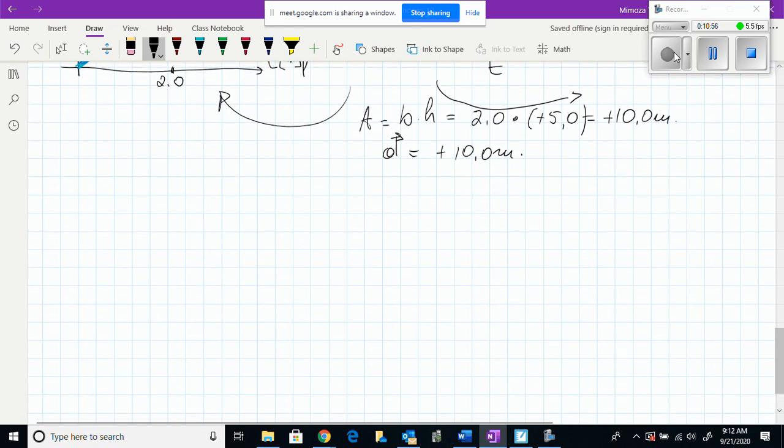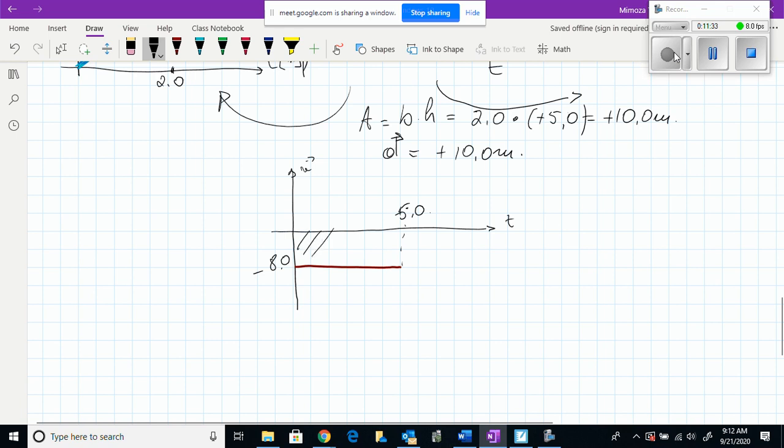Okay, let's see another case, when we have a velocity time graph that is negative. So it is a velocity time graph that goes like this. At 5.0 seconds, this is negative 8 meters per second. So now when we are calculating the area under the graph, we go from the x-axis up to the graph.